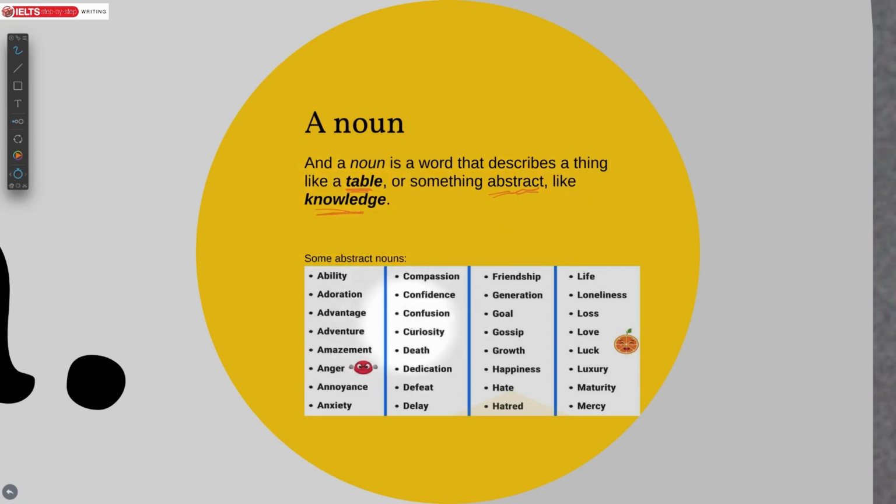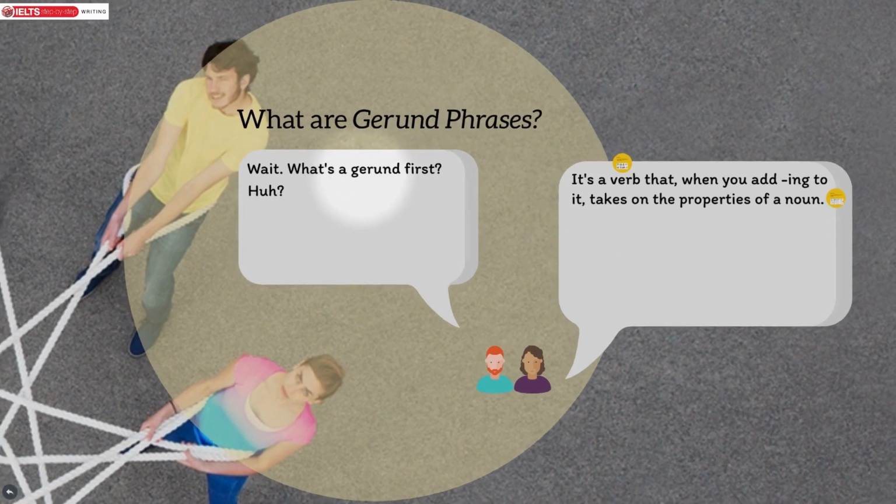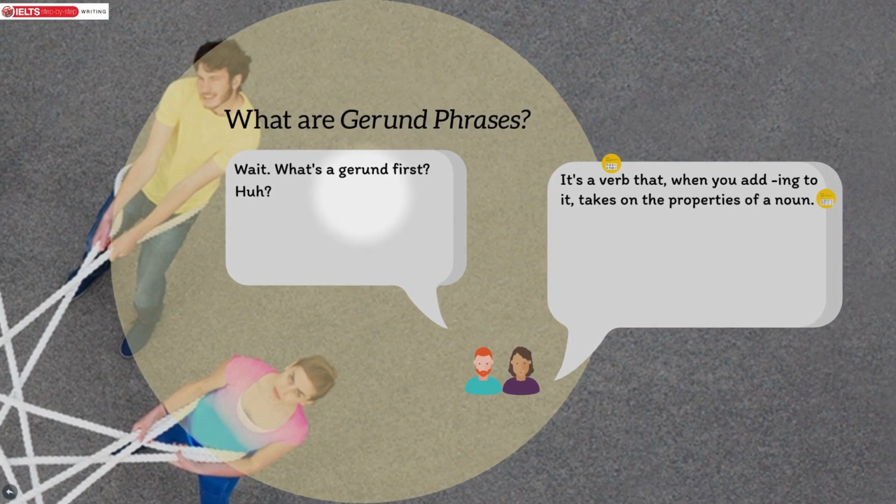Here are some abstract nouns: adventure, luck, friendship, etc. Now that we've cleared up what these things are, maybe we can go back. So let's double check. What's a gerund? A gerund is a verb plus ing that has the properties of a noun.